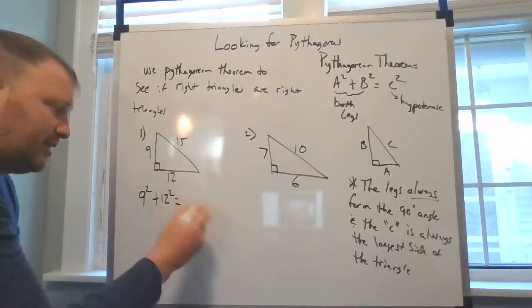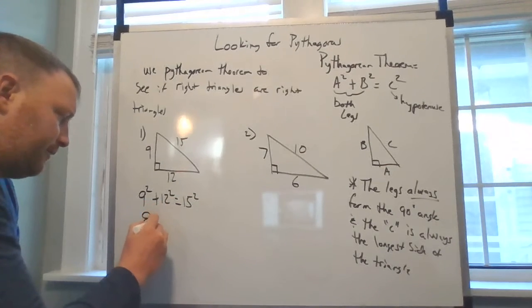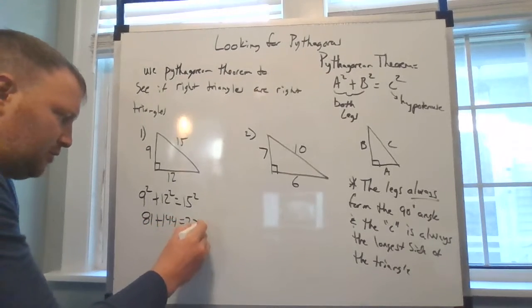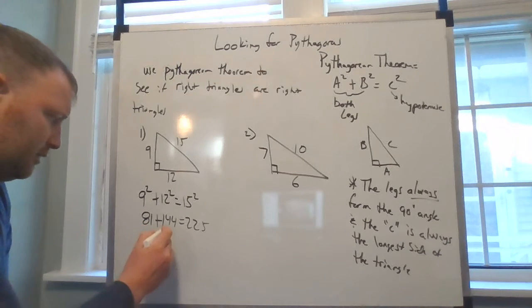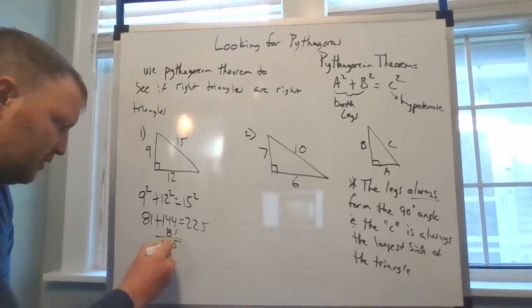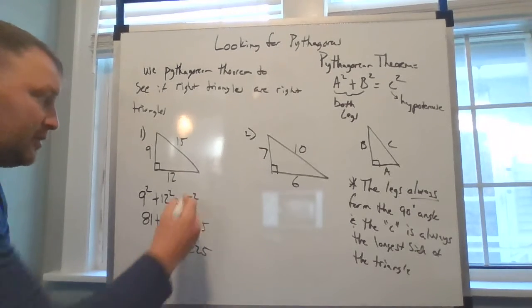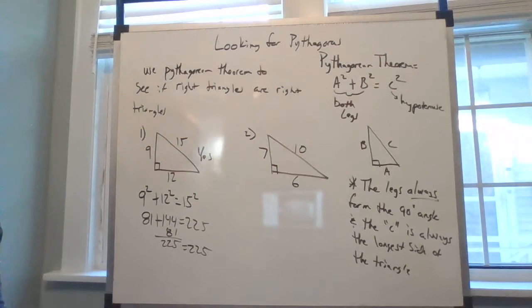So if my left side equals my right side, it will in fact be a right triangle. And this is 225. So when I add 81 to 144, I get 5, 2, carry the 2, 2. So look at that, 225 equals 225. So yes, this is right. This is a right triangle.